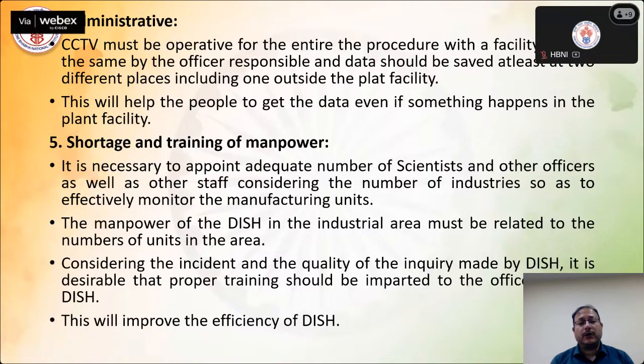So it is very important to impart regular training to these officers. This will definitely improve their efficiency. It is not rocket science, but we want enough manpower, enough officers and enough trained staff, and they should be trained to handle any kind of crisis situation.